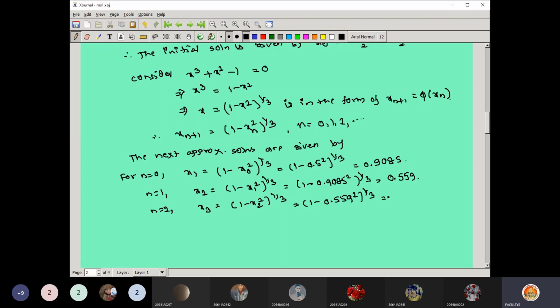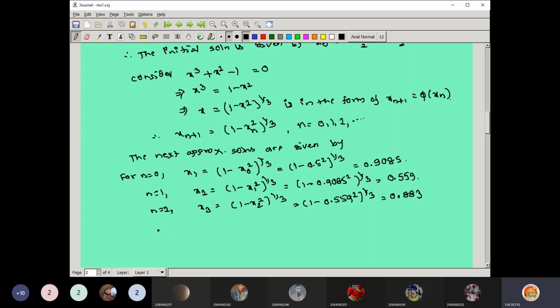Again you are using the calculator. First bracket button, 1 minus 0.559 square, bracket close and power button, 1 divided by 3. So how much are you getting? 0.883. Right, so the answer is different.